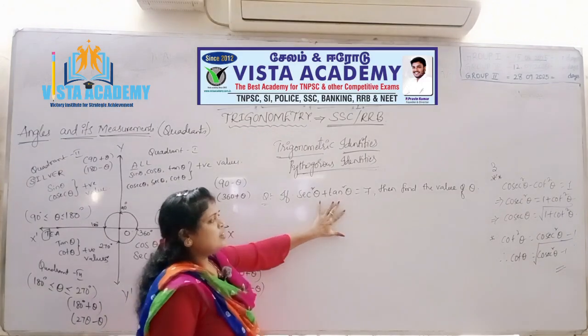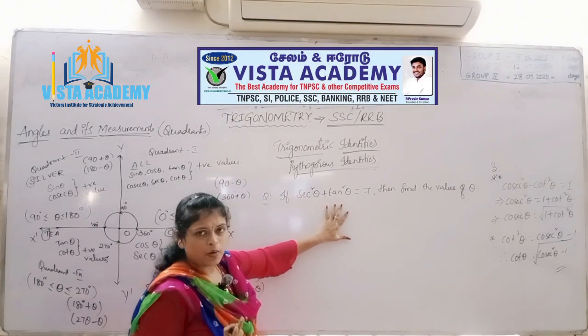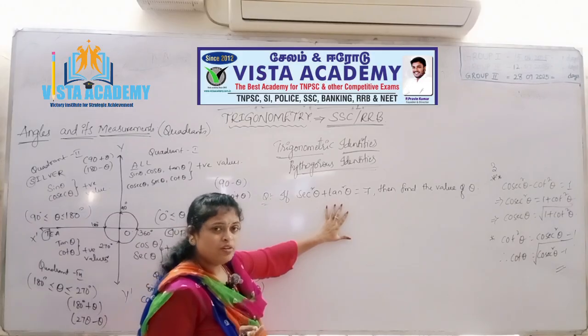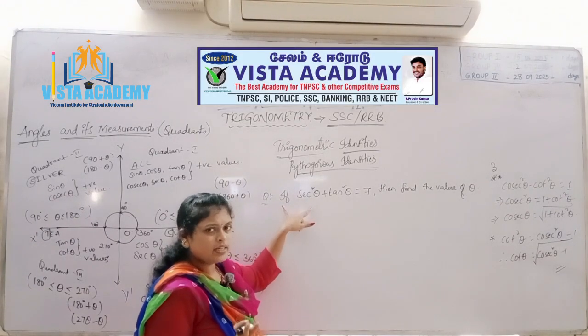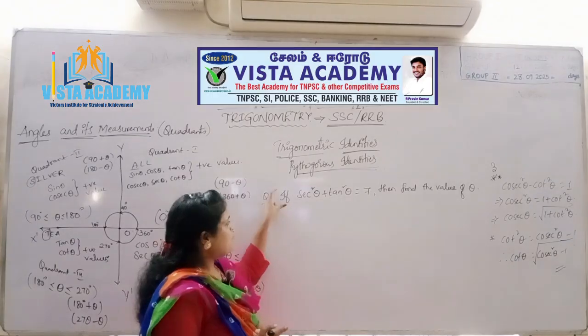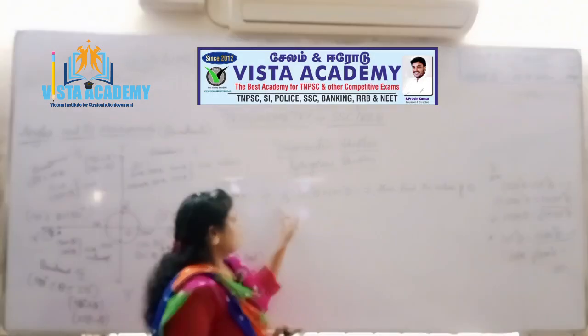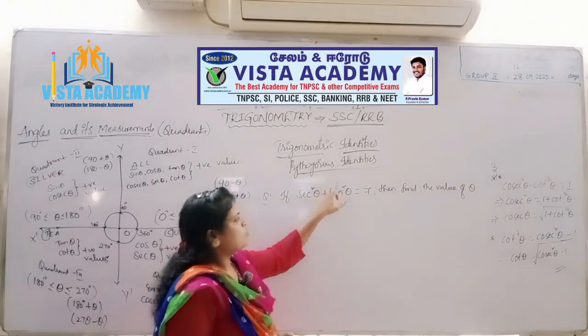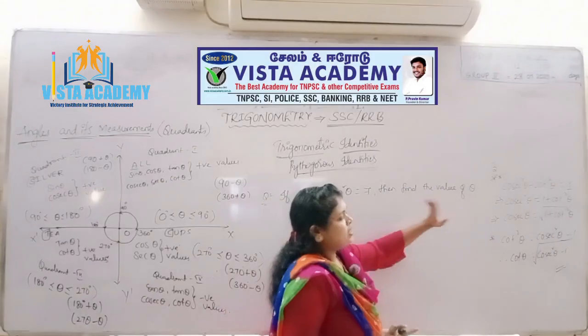All the problems in our trigonometry will be based upon conditional problems. If you see the word if in your trigonometric ratios problem, then they are going to compare something with some other thing. If secant square theta plus tan square theta is equal to 7, then they are asking to find the value of theta.